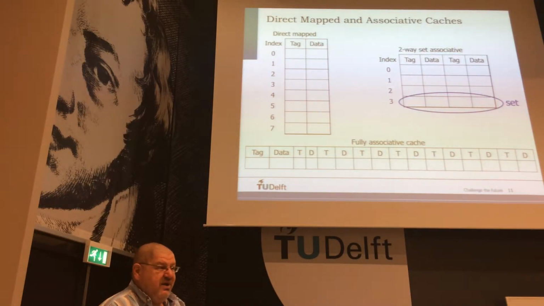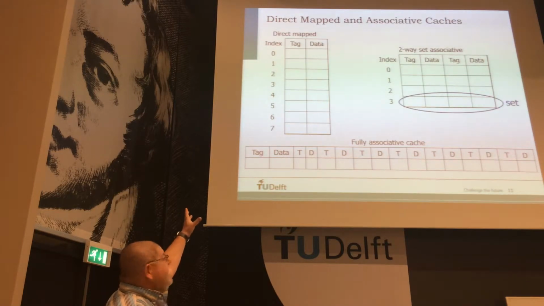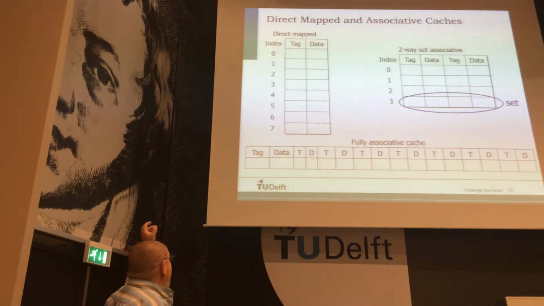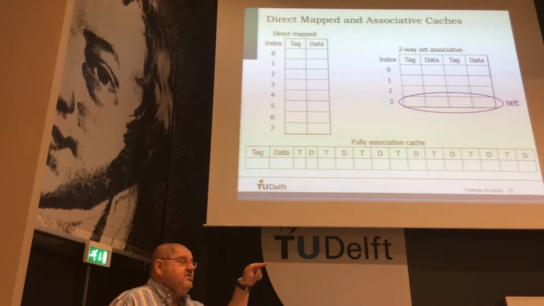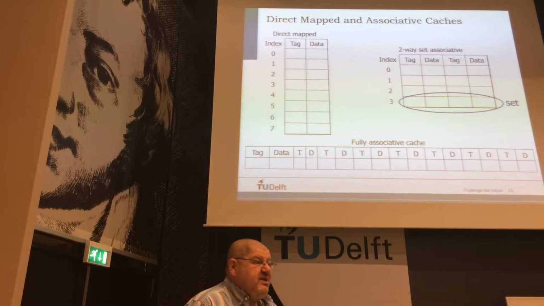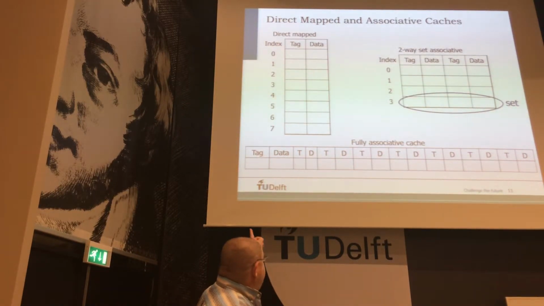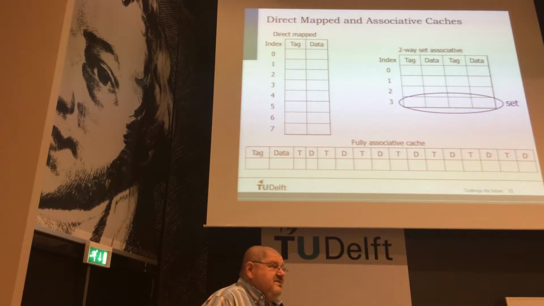At the other extreme is everybody can go everywhere. Then instead of having 8 sets, like in here, I have 1 set only. Then there is no addressing to the cache. Everybody can go everywhere, which means that in this vector, I am storing the complete address and the data.